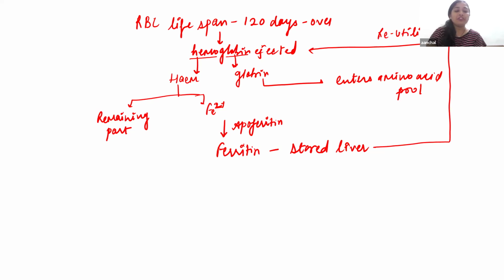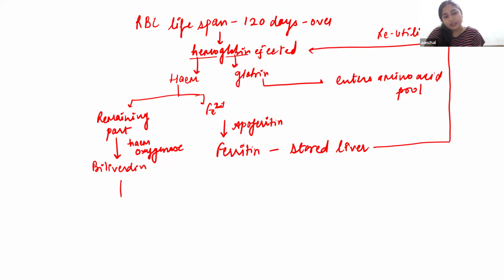Okay, now what will happen to this remaining part? So, this remaining part first gets oxidized by the enzyme known as hemoxygenase. The name of the enzyme is very important. It's usually asked in the MCQs also. So, first it gets converted into biliverdin.